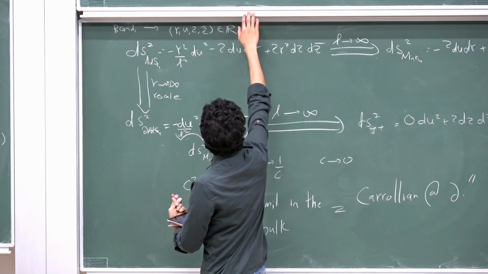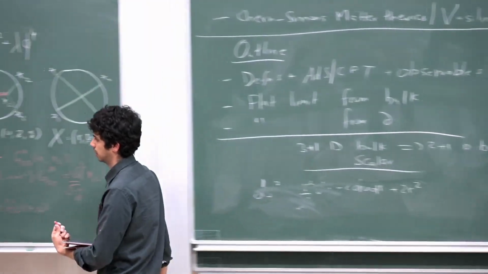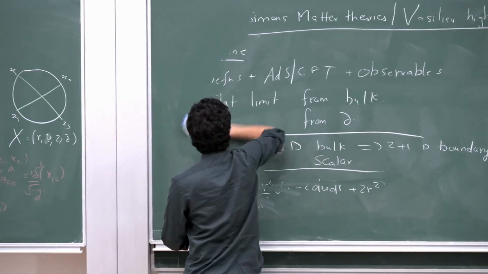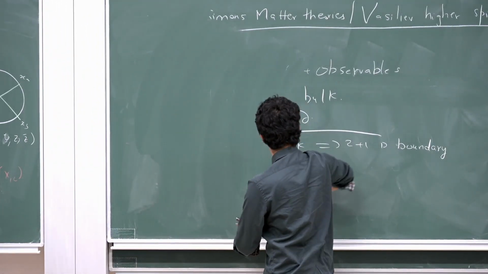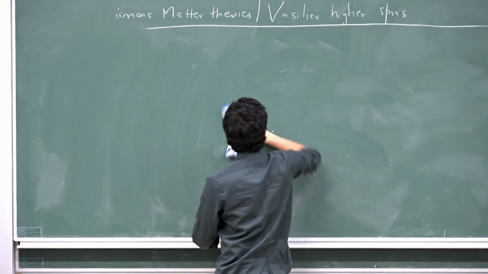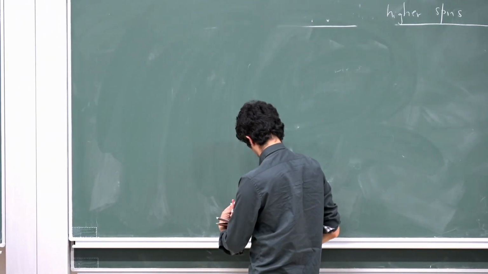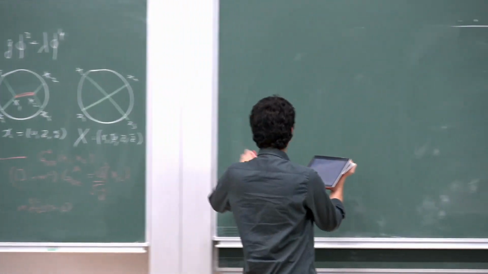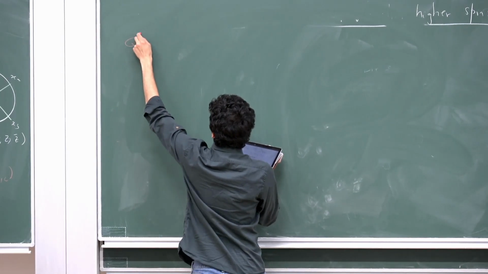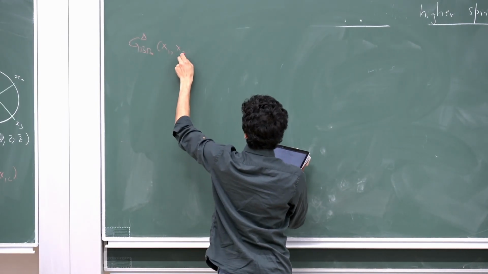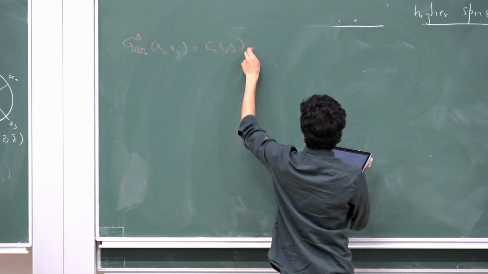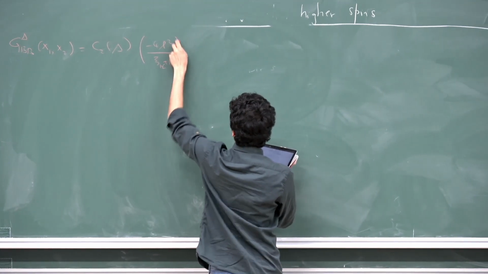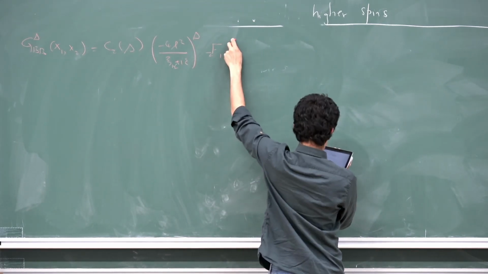And I can write down the solution. There's some normalization, and then there's a coordinate dependent factor and a hypergeometric function.